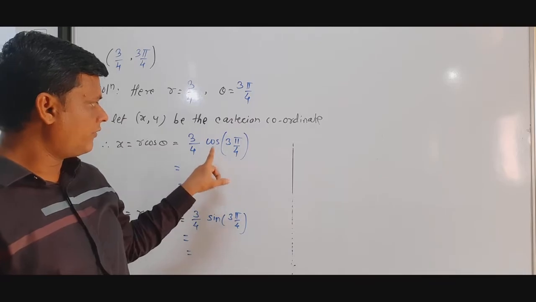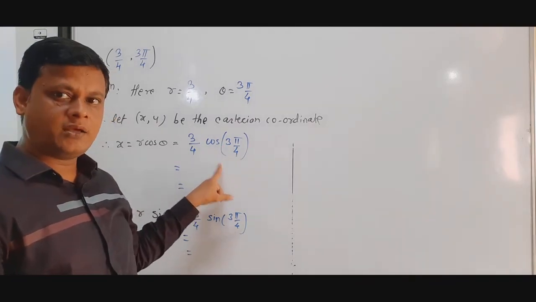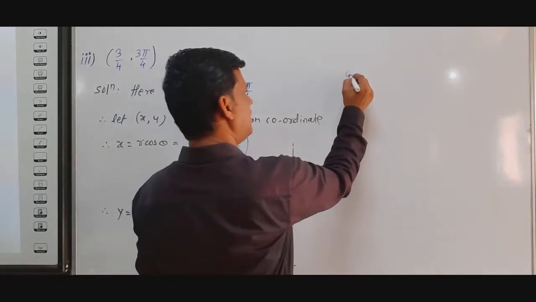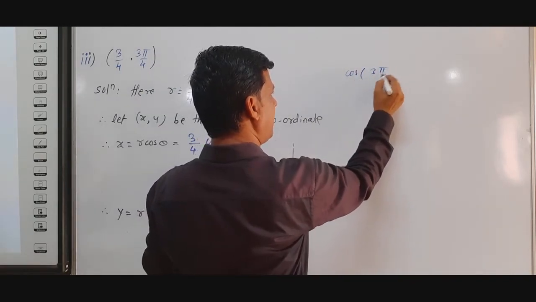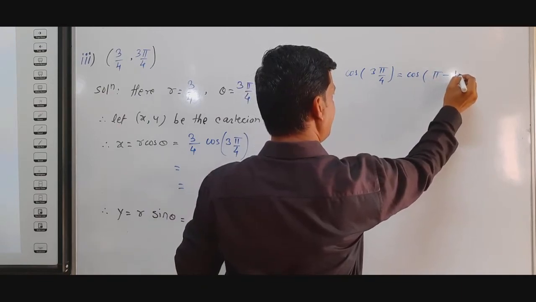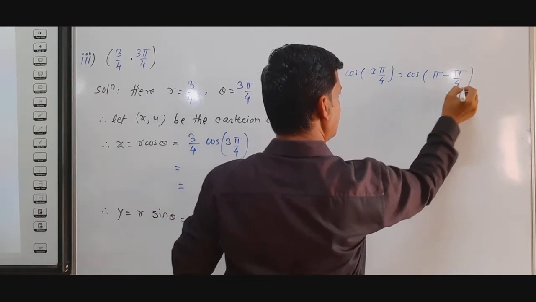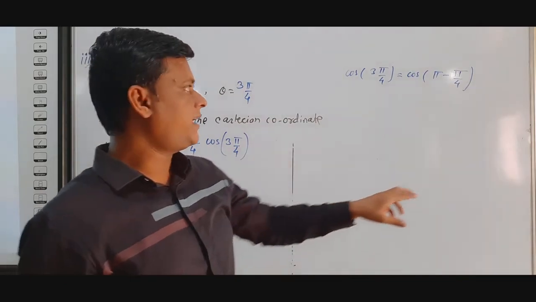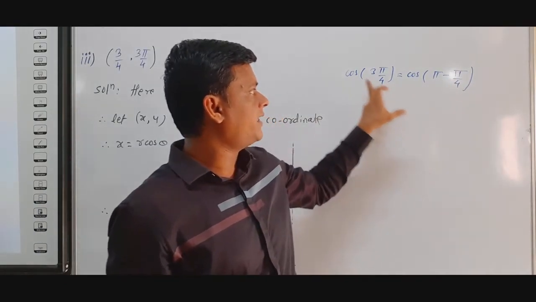We don't know the value of cos 3 pi by 4 directly. For that we have to use the formula: cos 3 pi by 4 is equal to cos of pi minus pi by 4. If we cross multiply here, we get 4 pi minus pi, that is 3 pi by 4.